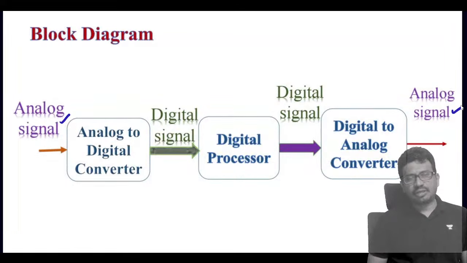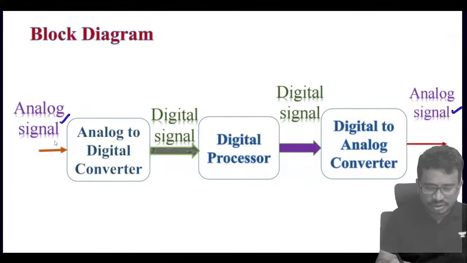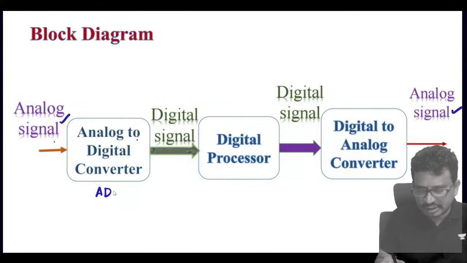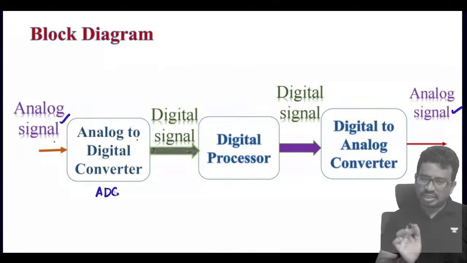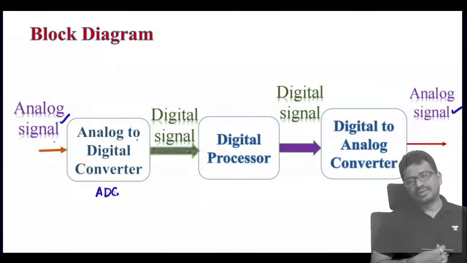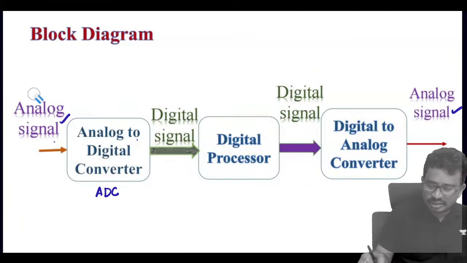This analog signal is applied to an analog to digital converter, which we call ADC. What will the ADC do? It will convert the analog signal to a digital signal. So we have analog signal as input, and what will come at the output? A digital signal.